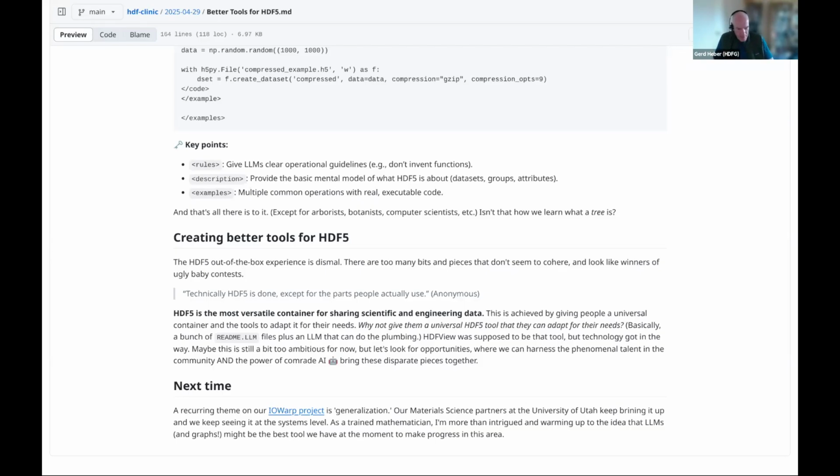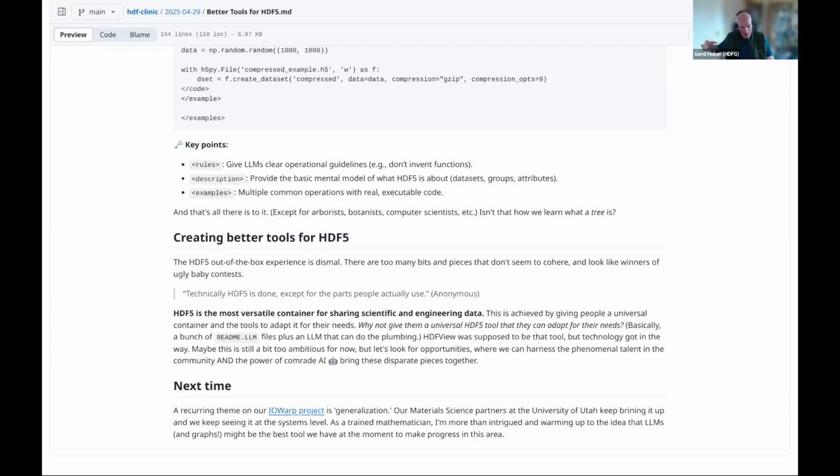And so with this, whether it's MCP servers or tools or this readme.llm, I think we definitely need that talent in the community. So we need real people to work with.